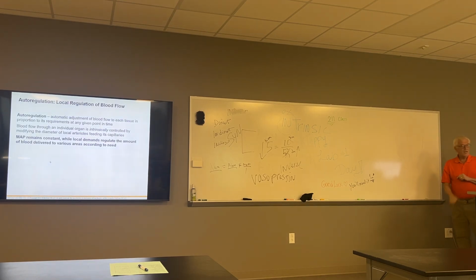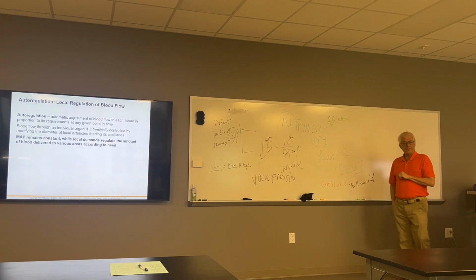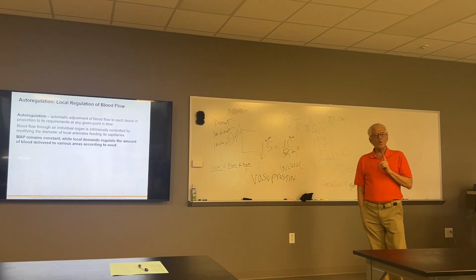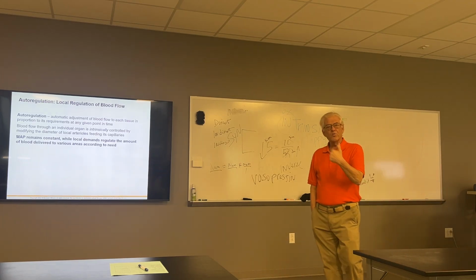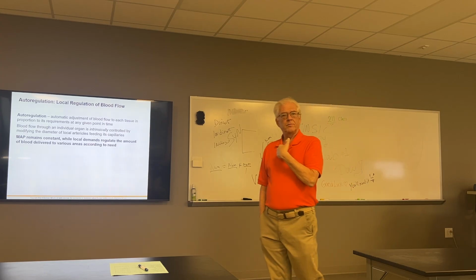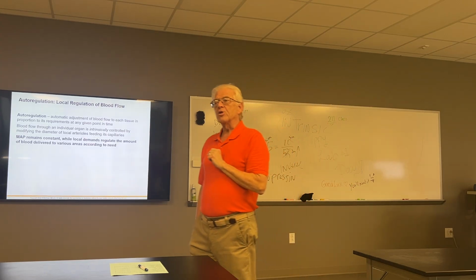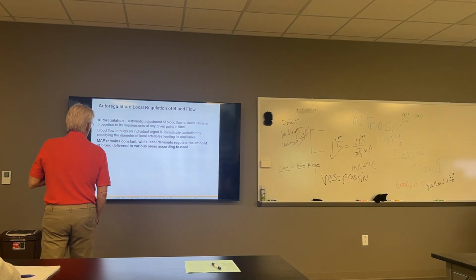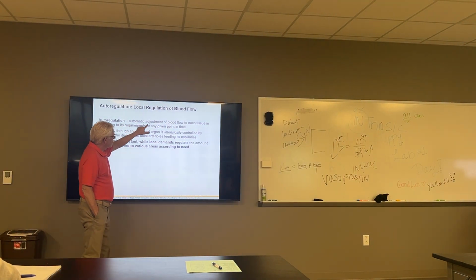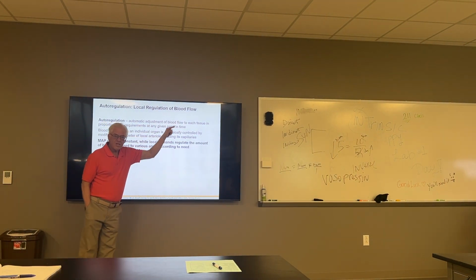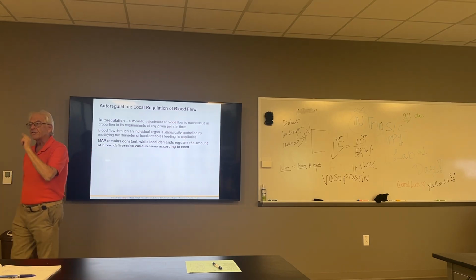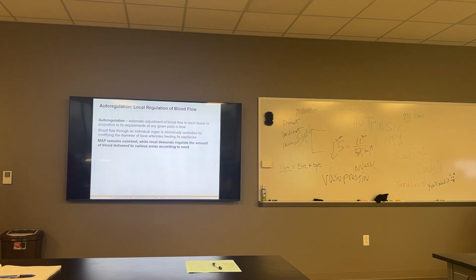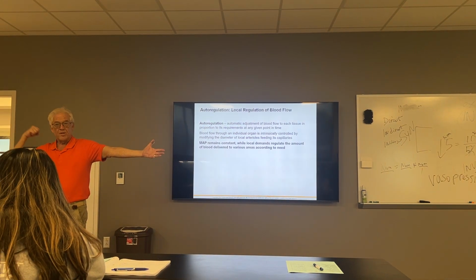Okay. Here's the intrinsic part. It's called auto-regulation. When you regulate yourself, not you, the body, but you, the organ, you, the tissue, we automatically adjust blood flow into each type of tissue as needed. The tissue that's not moving doesn't need as much as the tissue that is moving.